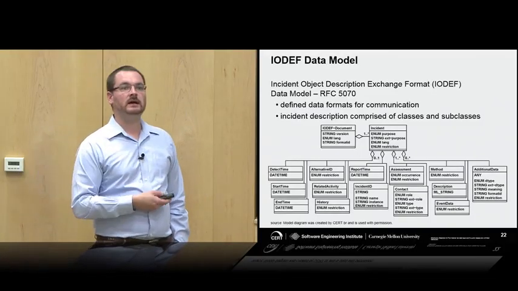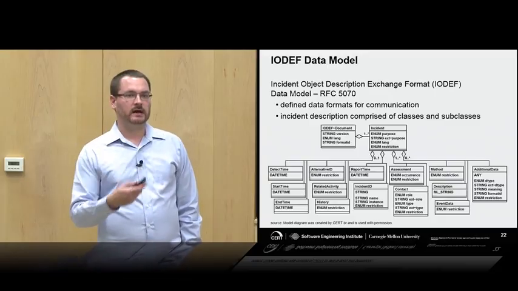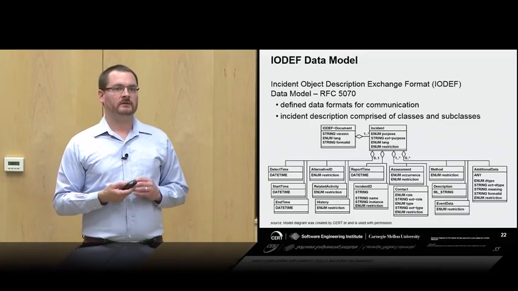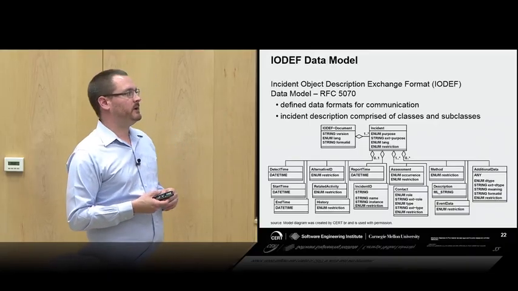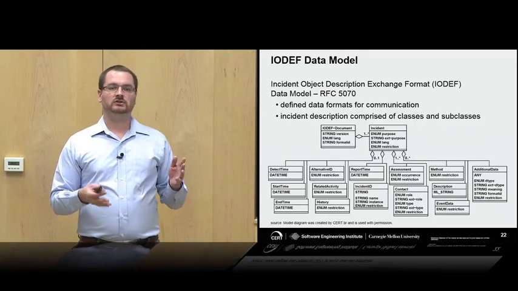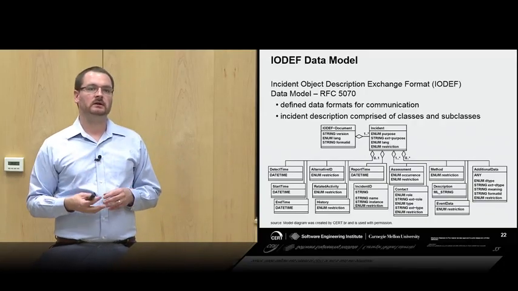So this is just an example of how you may express a data model. This is the data model for IODEF. It defines a data format for communication, and the incident description is comprised of classes and subclasses.